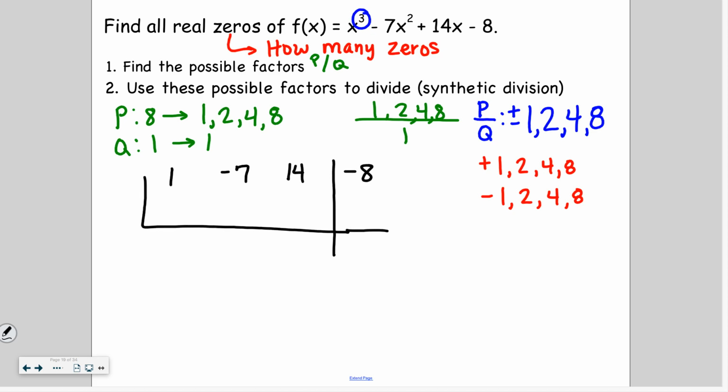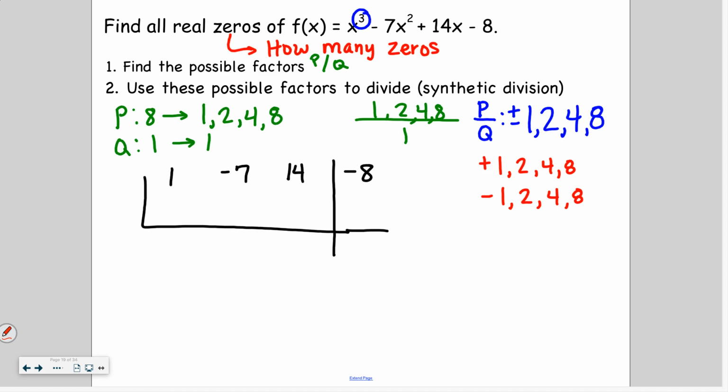All right, now what do we put in front? We have 8 possible choices. This is my suggestion to you. Always try 1, 2, and 3 positive and negatives first, and go from there. This is a guess or check it, okay? For it to be a factor, don't forget it has to have a remainder of 0, okay?